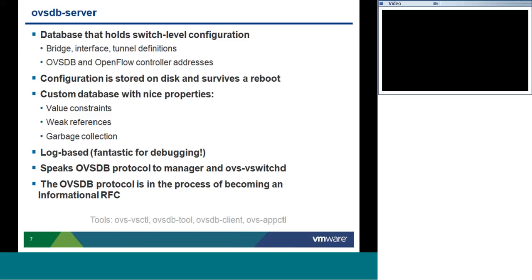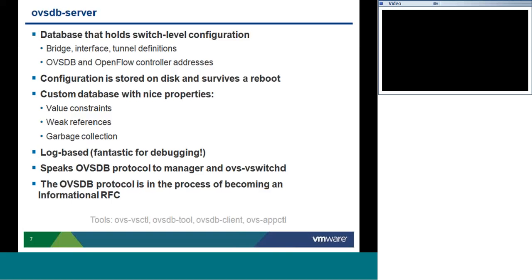We wrote code that says, if I add an interface, then I need to create the records for that interface and then find the bridge and connect them. You could do that at a low level with something like ovsdb-client, but ovs-vsctl is just a much nicer interface. And ovsdb-tool is what you use to do things like configure the database or compact the database.